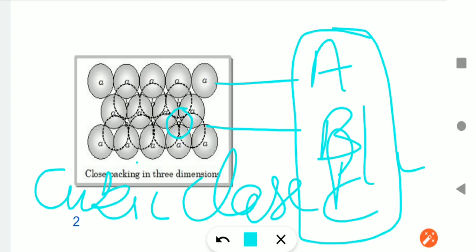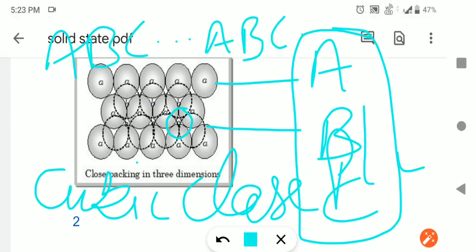You will say ABC, ABC, ABC. Why am I saying ABC, ABC? When you put another layer, it will follow the pattern of layer A, then B, C. It will be a repeated pattern. Is it clear? Second question: what is the coordination number in cubic close packing in 3 dimensions?